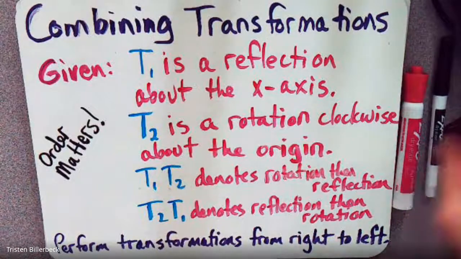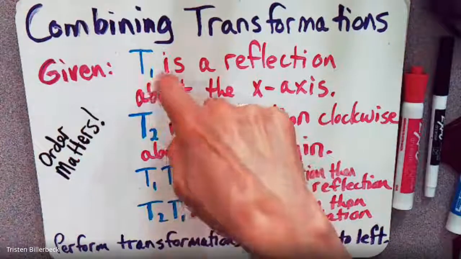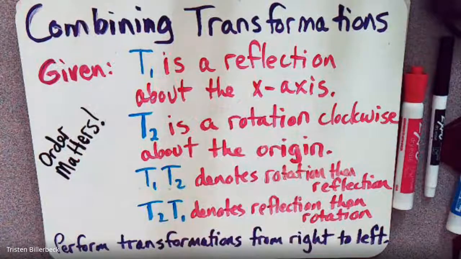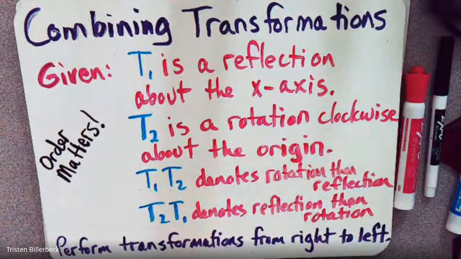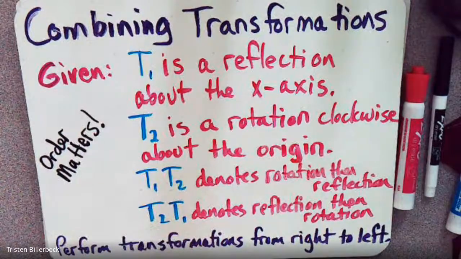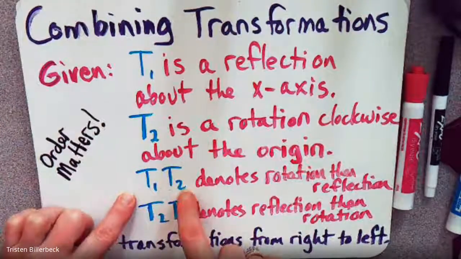Okay, so let's do combining transformations. So given T1 is a reflection about the x-axis, T2 is a rotation clockwise about the origin. Order matters, by the way. So T1, T2 denotes that this action is coming first.